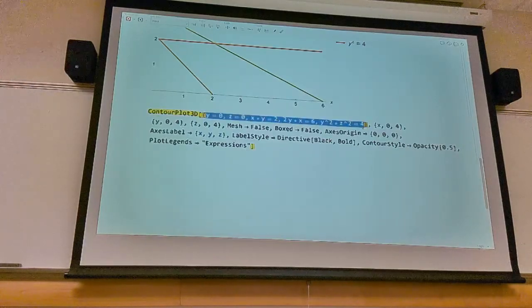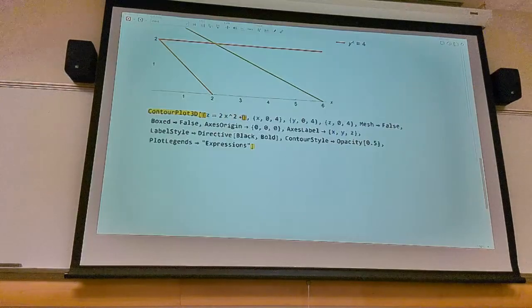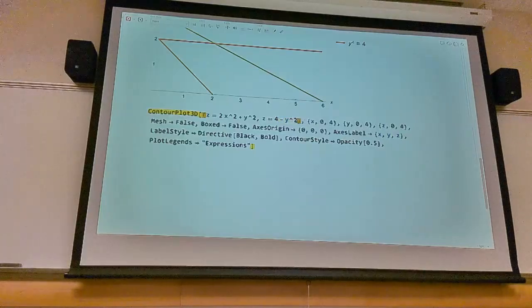So let's look at our solids. There's only two of them, right? Z equals 2x squared plus y squared, and z equals 4 minus y squared. So what do we want to set as the viewing window?